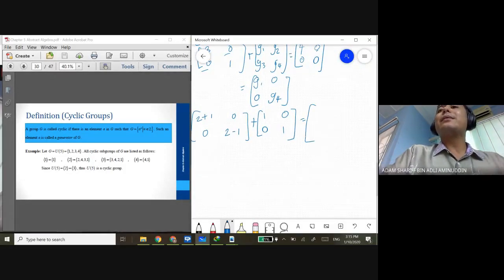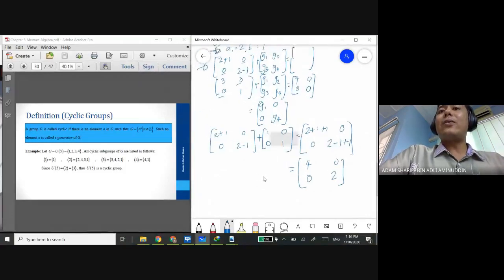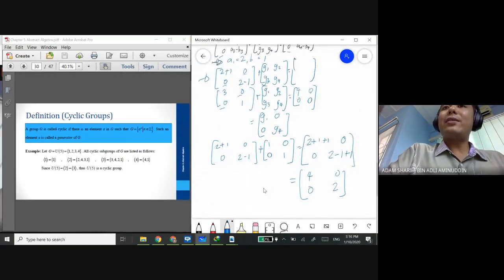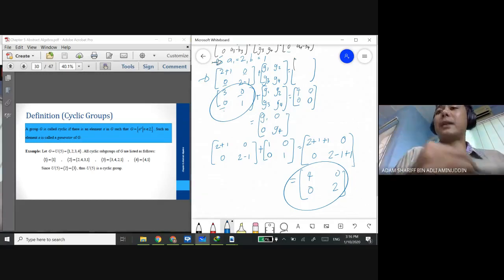It becomes 2 plus 1 plus 1, 0, 0, 2 minus 1 plus 1. At the end, we become 4, 0, 0. Ini jadi apa? 2 tolak 1, 2. Okay, the question is that if the previous one is 3, 0, 0, 1, this one becomes 4, 0, 0, 2. It becomes a new element, right?